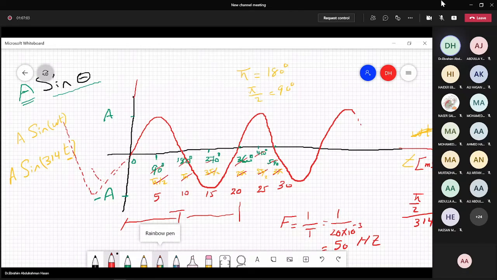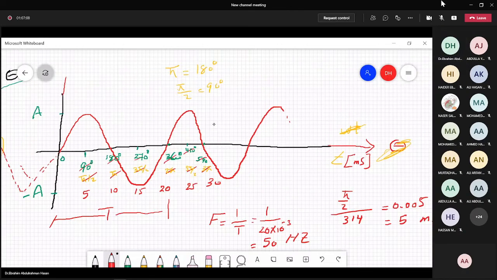Remember, we have been saying sine theta plus 90 equals cosine theta. So there is a shift of 90 degrees. So instead of starting at 0, it's going to start at minus 90.